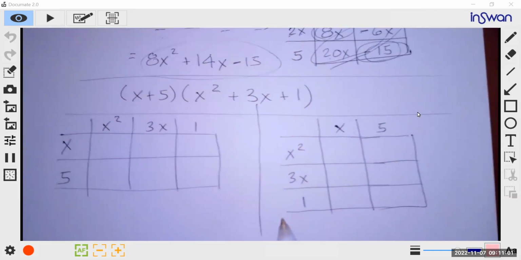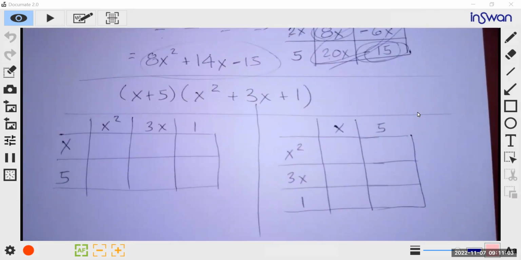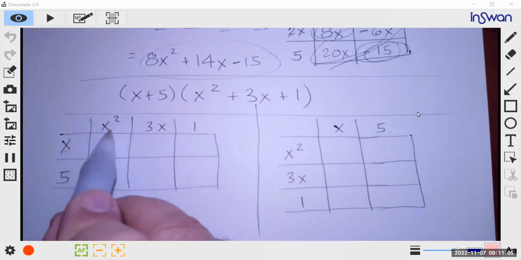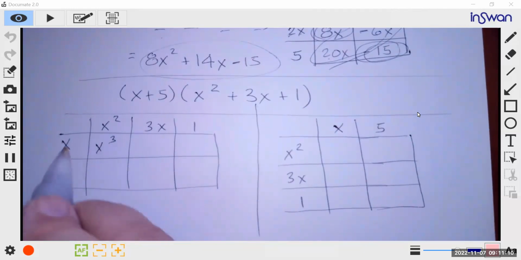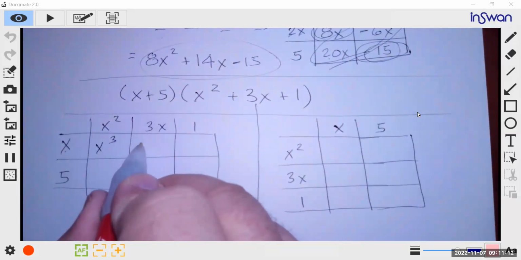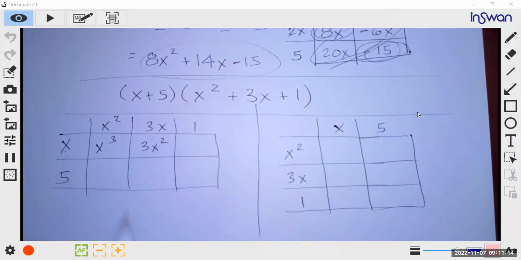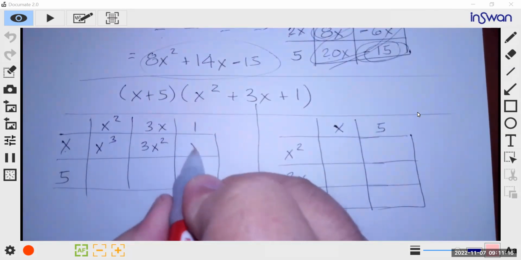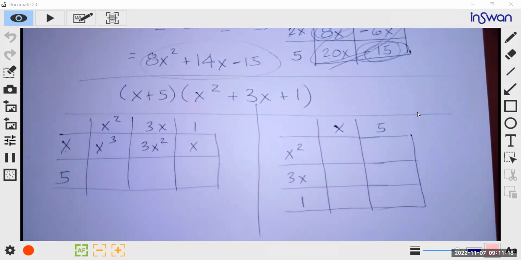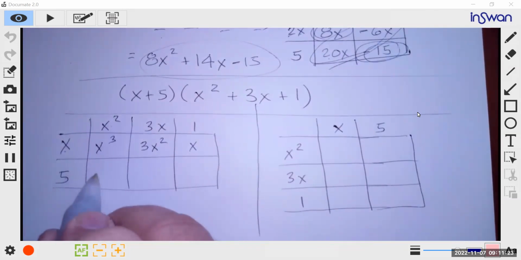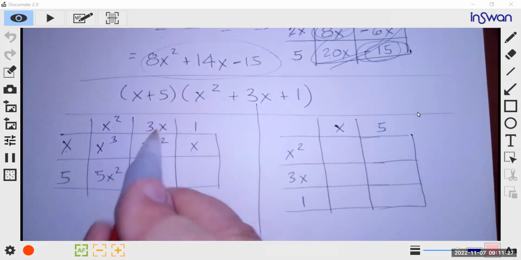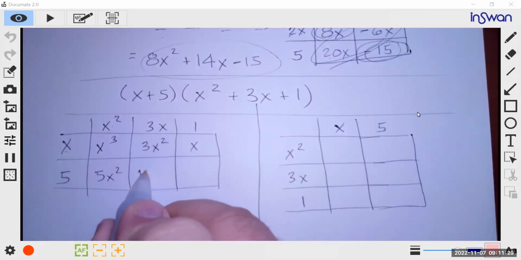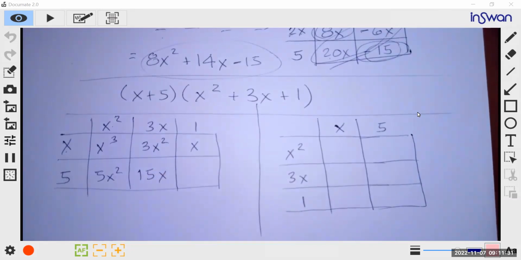Let's fill in the boxes. X times x squared gives me x cubed. X times 3x, 3x squared. X times 1, x. 5 times x squared, 5x squared. 5 times 3x, 15x.